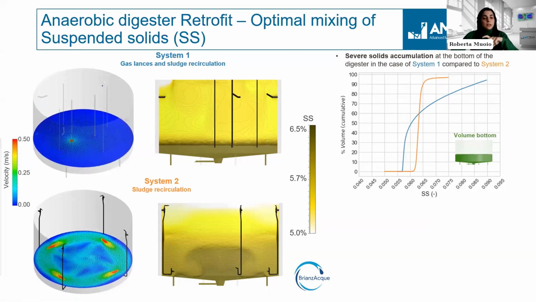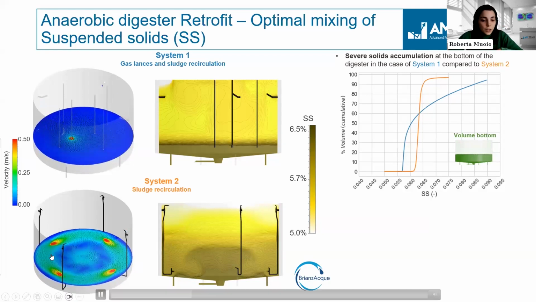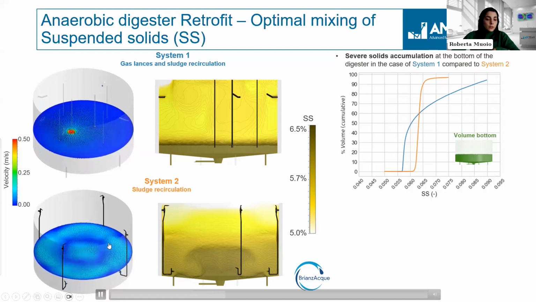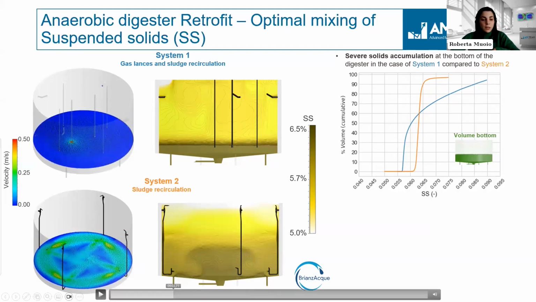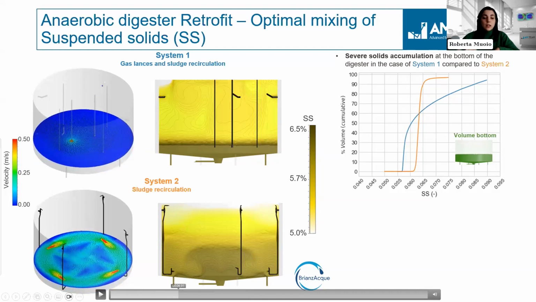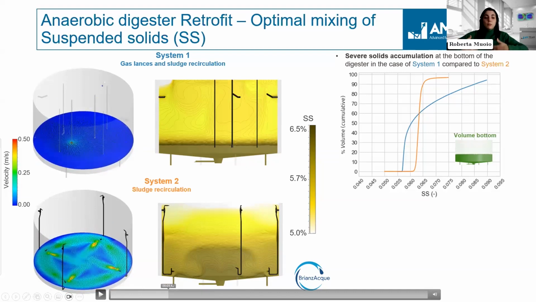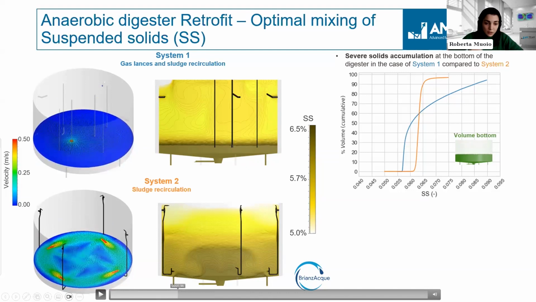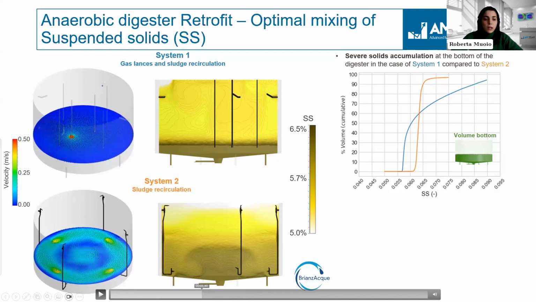While with system 2, so with the new system for the sludge mixing, velocities are much higher thanks to these nozzles, which can really increase the movement, the mixing of the sludge already at the bottom.